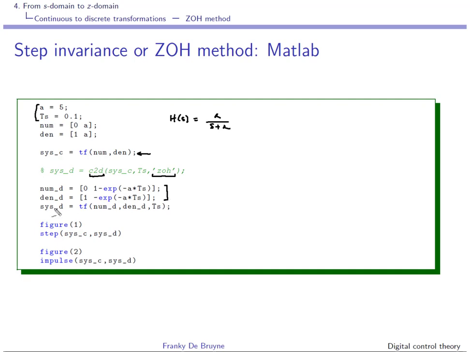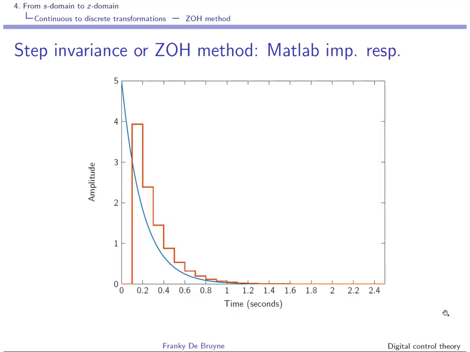So we obtain here the discrete time description, and then we compare step response and impulse response for the original system and the equivalent discrete time description. So here in blue we have the continuous time impulse response, and here in orange we have the impulse response of the discrete time equivalent description, and as you can see, they do not match at the sampling instance.